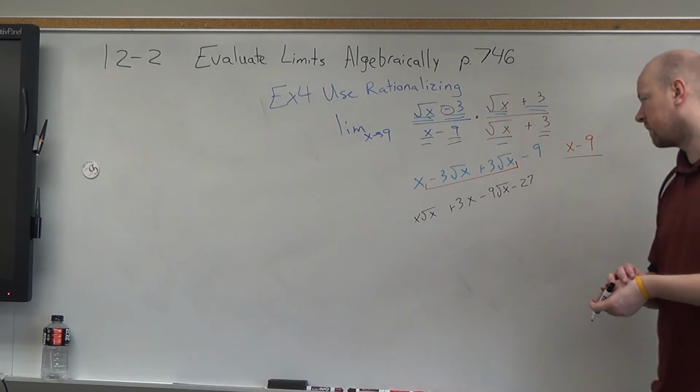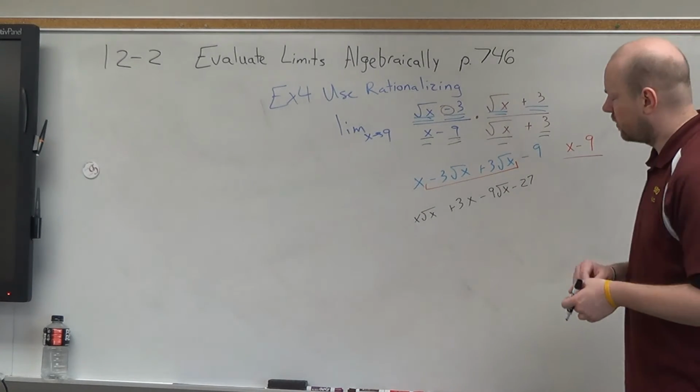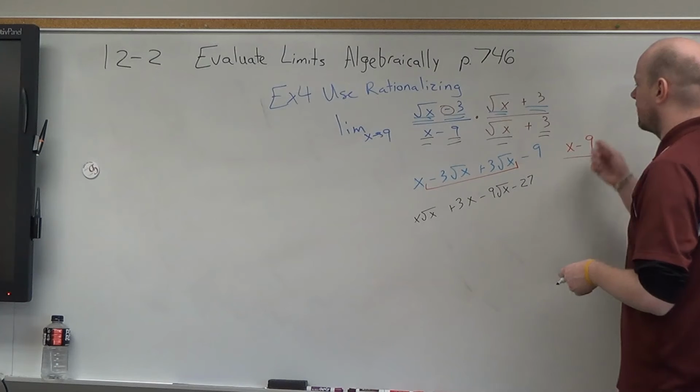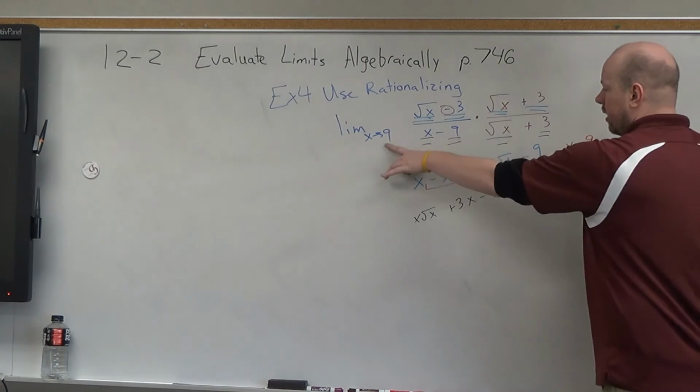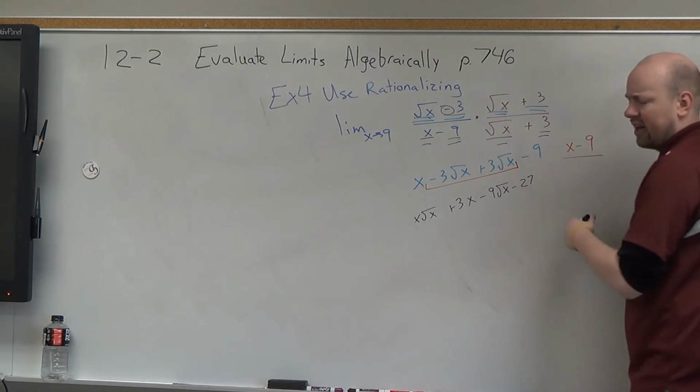Okay. Now again, messy, but we'll see what happens here. From the top, I get x minus 9. So I would direct substitute, I'm just going to keep it over here, not rewrite it.